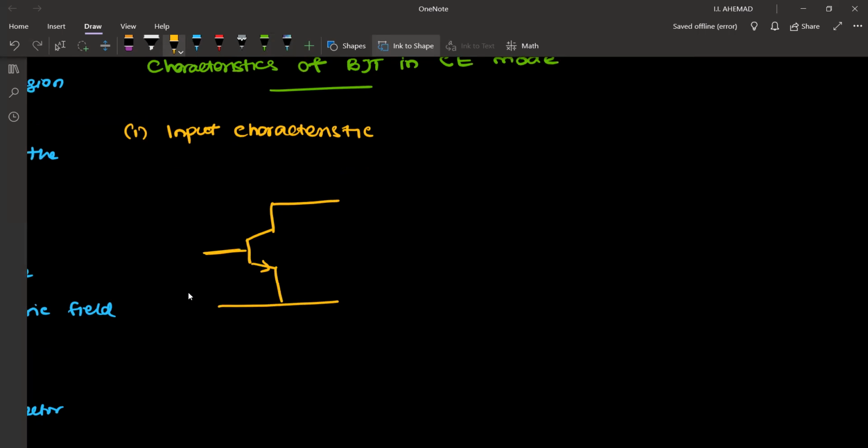So we input a voltage between the base and the emitter. So that is VBE, that is the input, and based on that input, we are going to draw what will be the IB current.